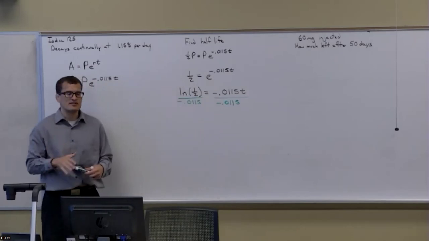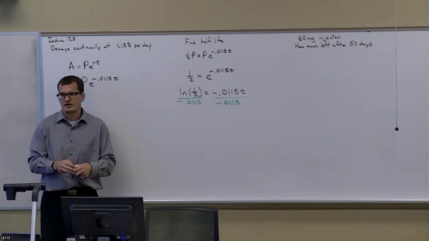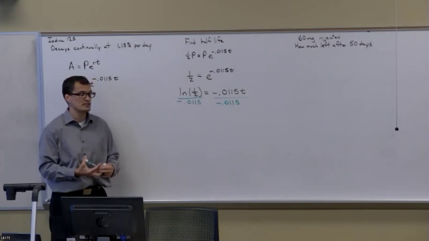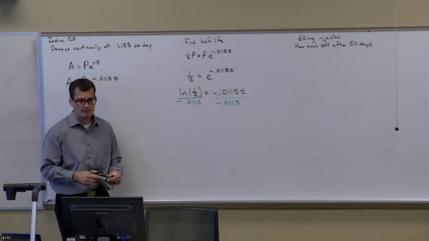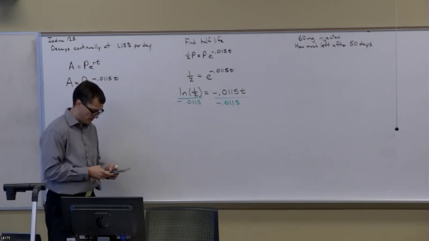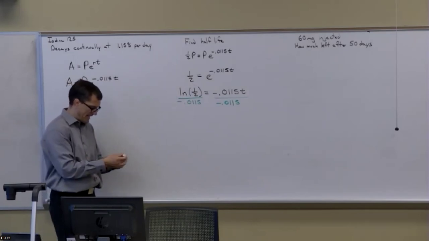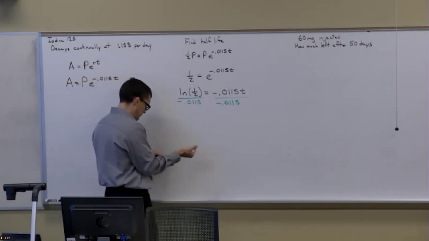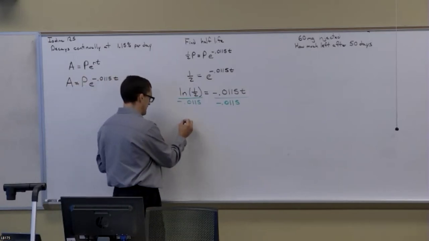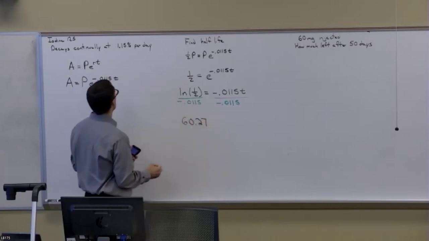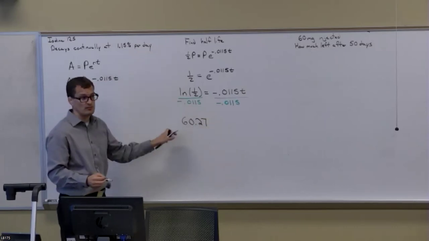So half-life is the time it takes for your initial amount to be cut in half. That's the big thing. And that's whatever we get here. That gives me about 60.27 as my value of t. By the way, since this is all in days, this would be 60.27 days.